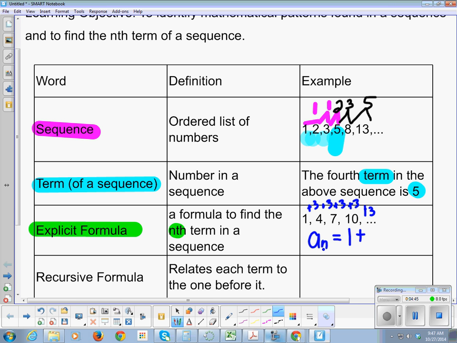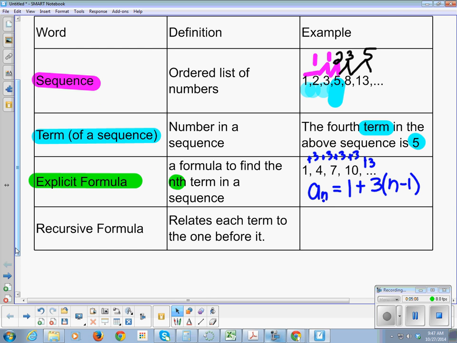If I start with the 1 and I say add 3 times parenthesis n minus 1. I'm going to show you how to make these formulas in the next section, but right now we're just looking at what an explicit formula entails. So for example, if I wanted to find the 20th, so you can test it to see if I was looking for the second term, A2, I've just put the number 2 in for n.